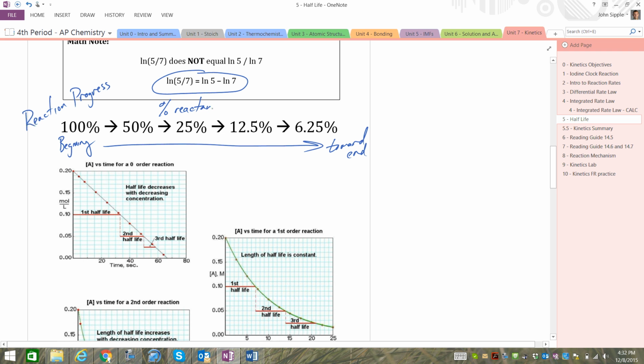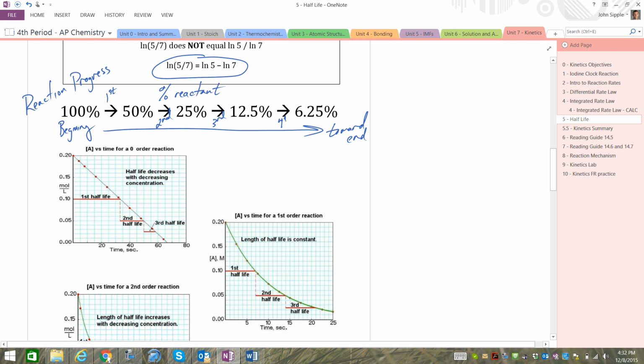So this is the first half-life, this would be the second half-life, the third half-life, and the fourth half-life, as things progress through the reaction. That's how much reactant is left over. So that's how we're going to talk about reaction progress and the number of half-lives.